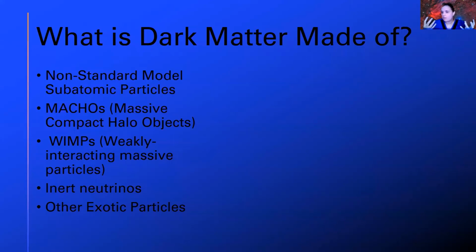So what is dark matter made out of? What could it be? We ultimately don't know, hence the constant research going on to understand what dark matter is. We do believe that it's part of what is known as the non-standard model of subatomic particles.